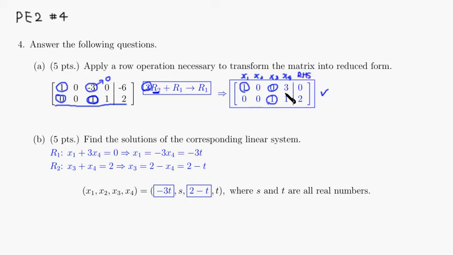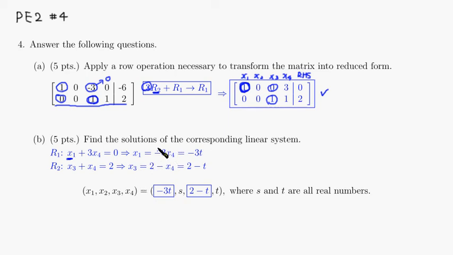The first equation gives you 1x1 plus 3x4 is equal to 0. We always solve for the variable with the leftmost 1, in this case x1. Subtracting 3x4 from both sides, x1 is equal to negative 3x4.